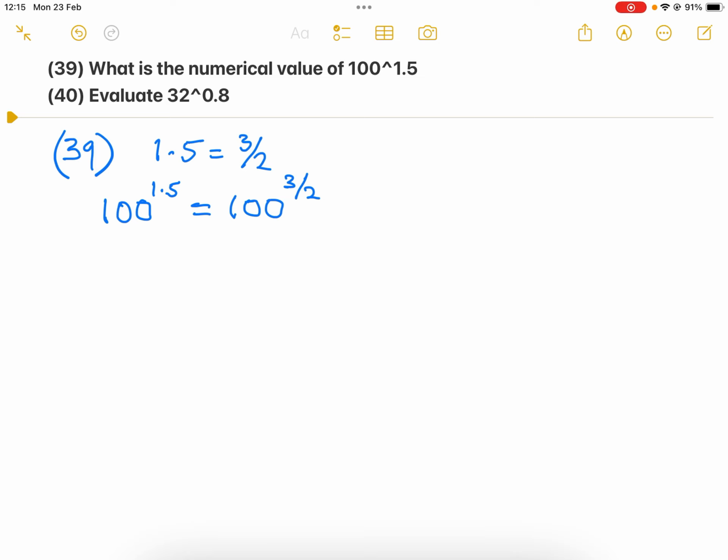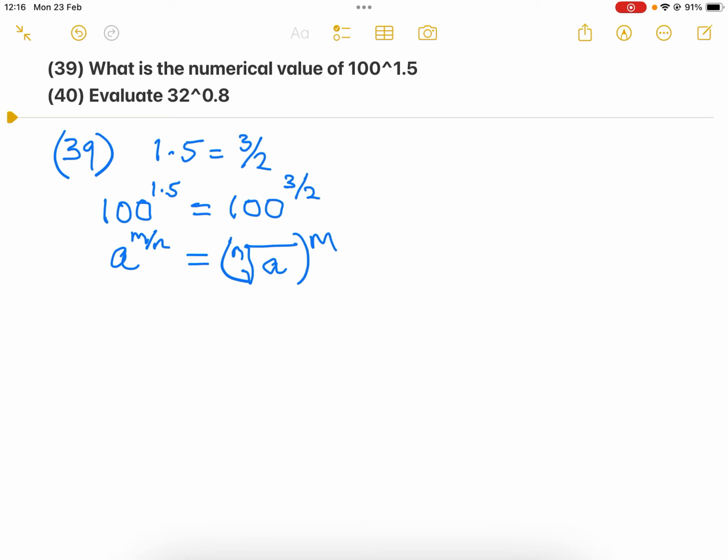The second step is that you have to apply the fractional index law. What does the law say? I remind you, a raised to power m over n is the nth root of a raised to power m.